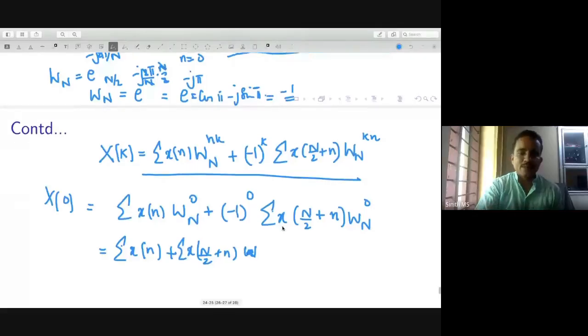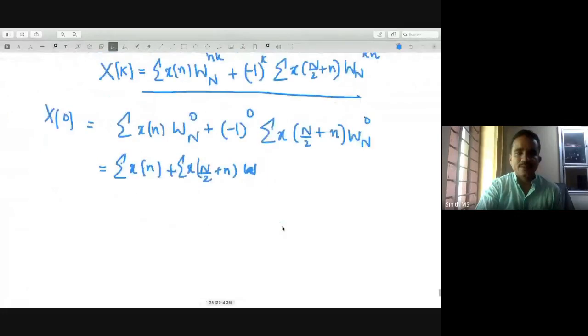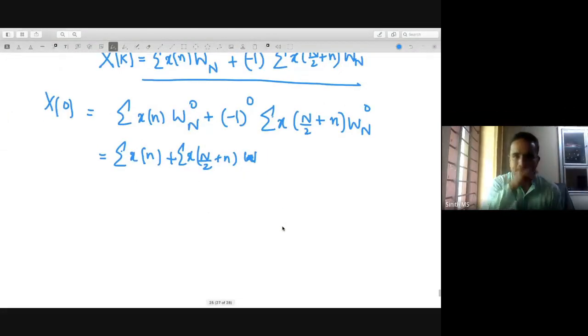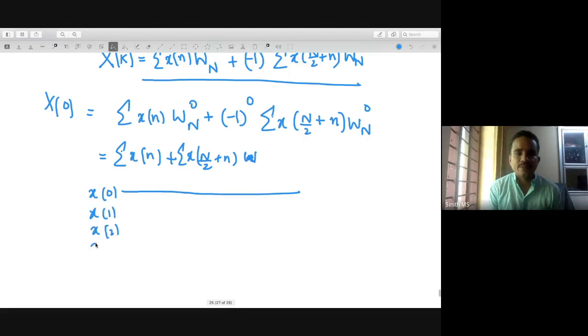So basically, to get x0, you have your signals x0, x1, x2, x3, say etc. up to x7. Suppose let us take it as a length 8 sequence.